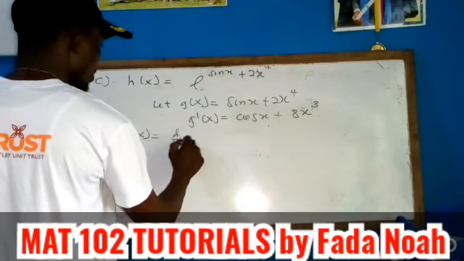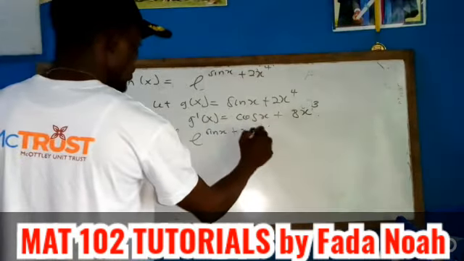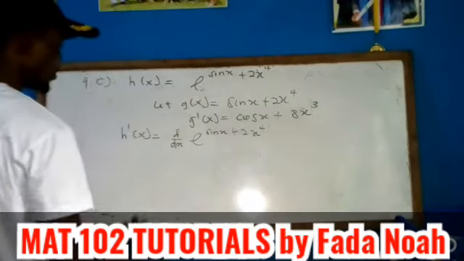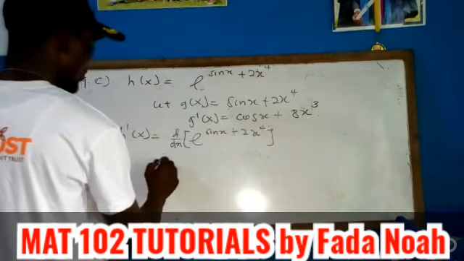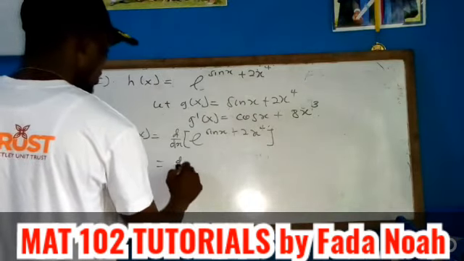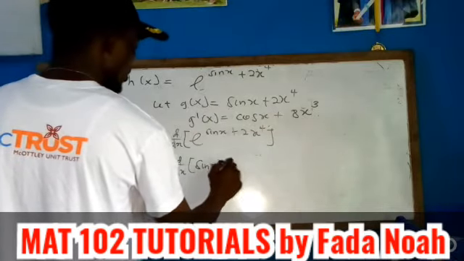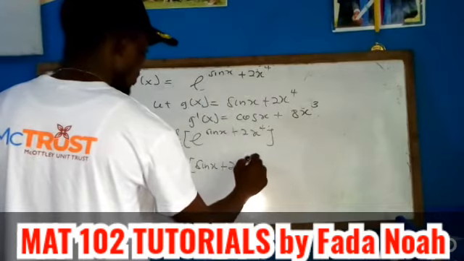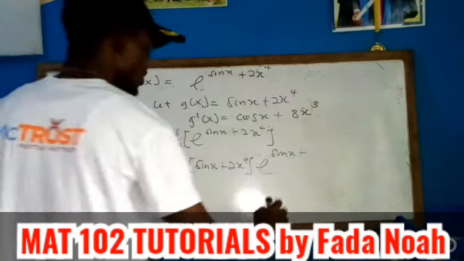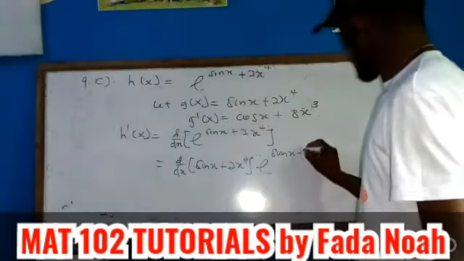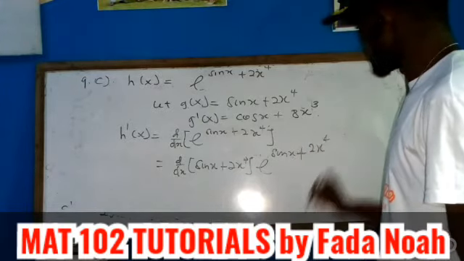Alright, so we have our h prime of x equal to d dx of e exponent sine x plus 2x exponent 4. And this one will give us d dx of sine x plus 2x exponent 4 times e exponent sine x plus 2x exponent 4.